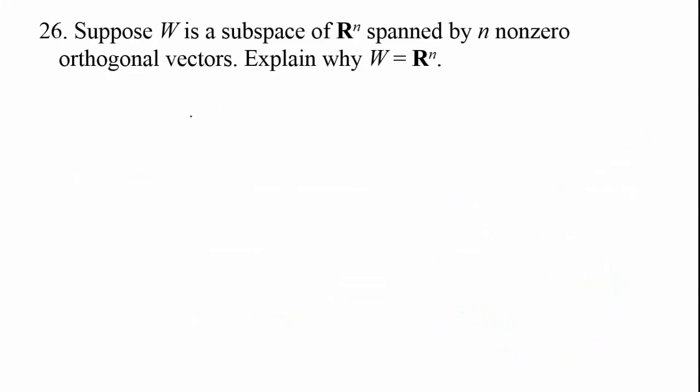Okay, one last problem from section 6.2. Suppose W is a subspace of Rn that's spanned by n non-zero orthogonal vectors. Explain why W is actually the whole space. Well, because non-zero orthogonal vectors are independent.